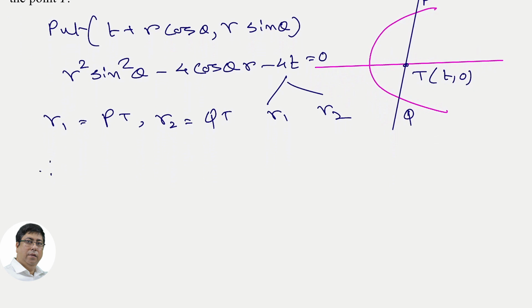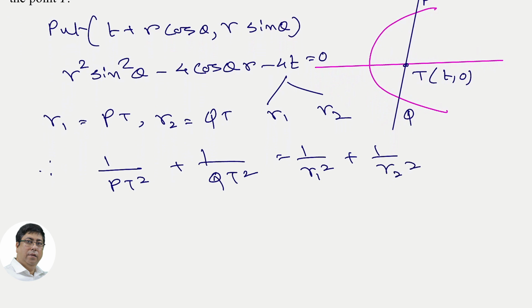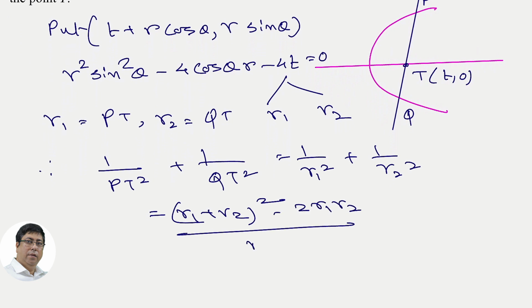Therefore, 1 by PT square plus 1 by QT square equal to 1 by R1 square plus 1 by R2 square, that is coming to be (R1 plus R2) whole square minus 2R1R2, total divided by (R1R2) whole square.